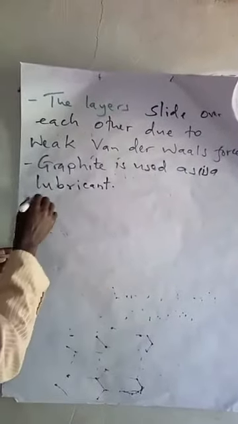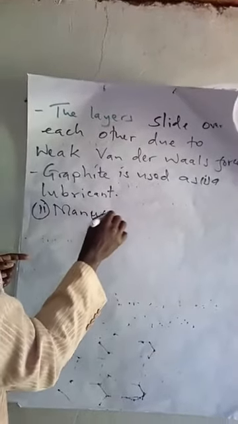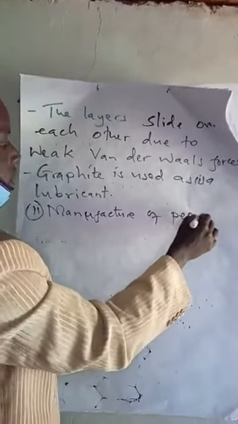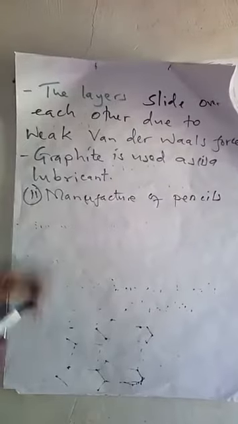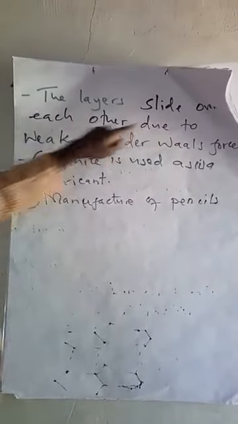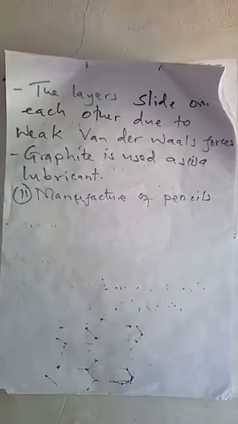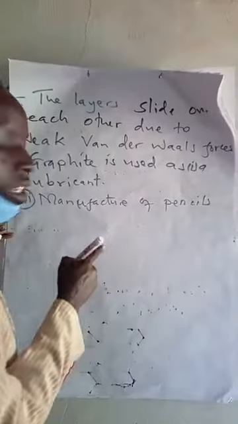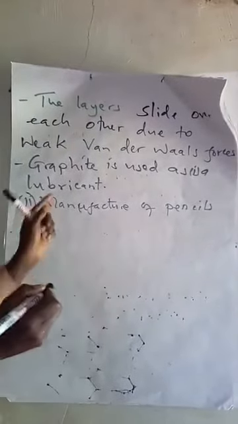It is also used in manufacture of pencil. Why? Because the layers are able to slide over each other. When you are writing using a pencil, what enables you to write is that the layers of the pencil contain graphite.